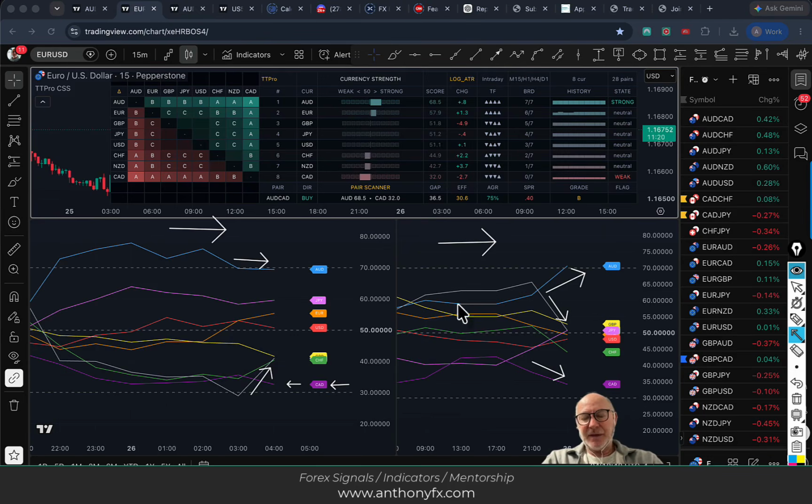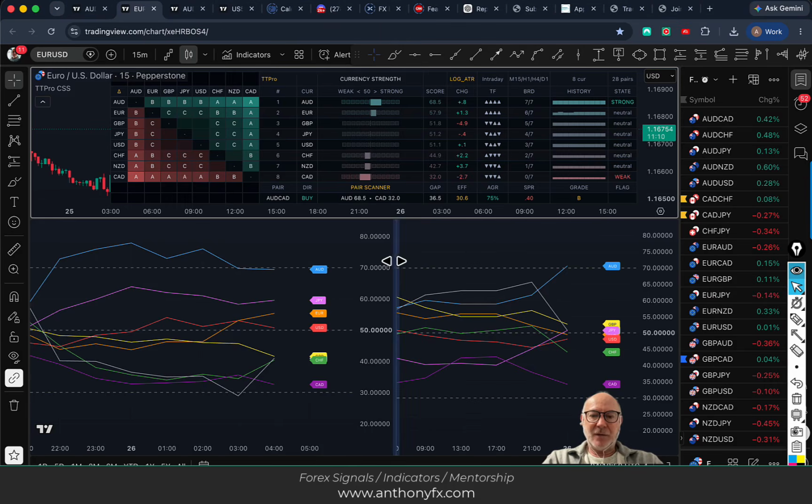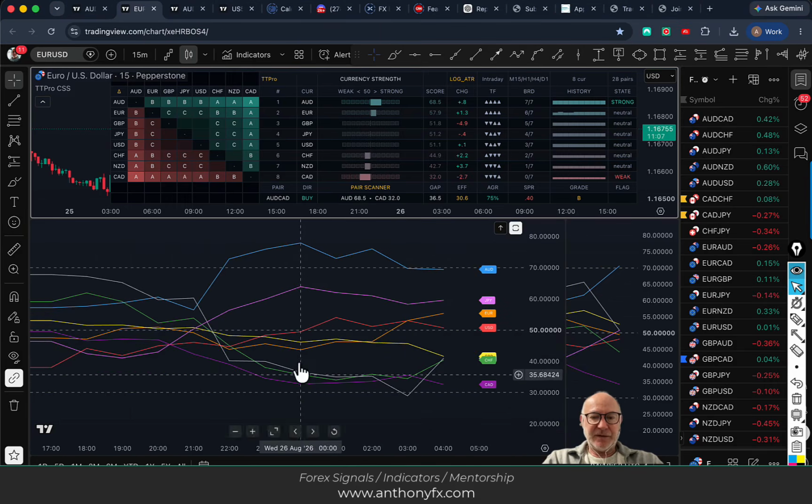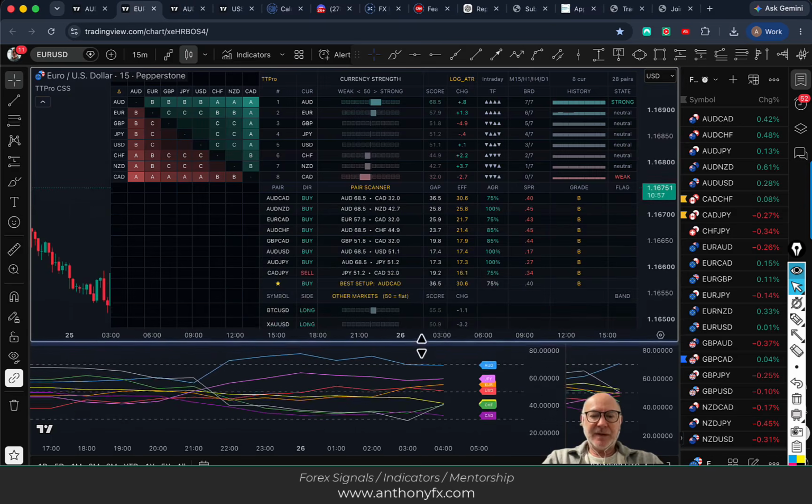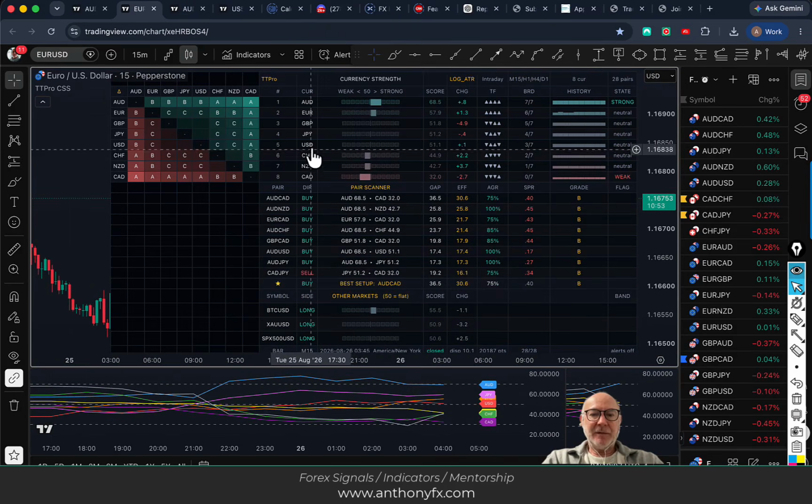This shows you a kind of visual on the trajectory, I guess, on a 1-hour chart. What's the trajectory? Well, you can see the euro is starting to pick up here on the 1H. So you can just come up in here and have a look. It's just under the Aussie, the euro would be next in line. And so it just gives you a little bit of a heads up.